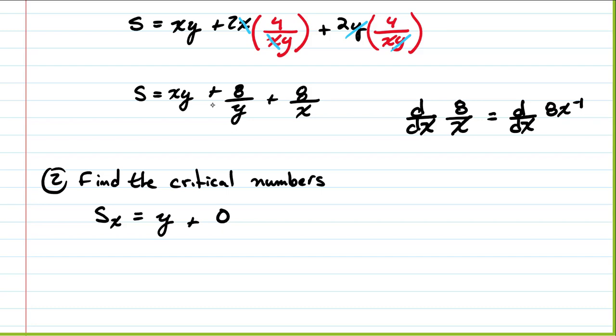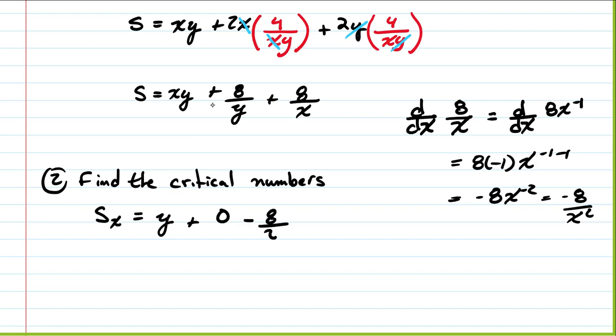So our derivative d/dx of 8x to the negative 1 is going to be 8 times negative 1 x to the negative 1 minus 1. So that's negative 8x to the negative 2, or negative 8 over x squared, moving it back into the denominator. So that is our derivative, don't forget the square, of 8 over x.